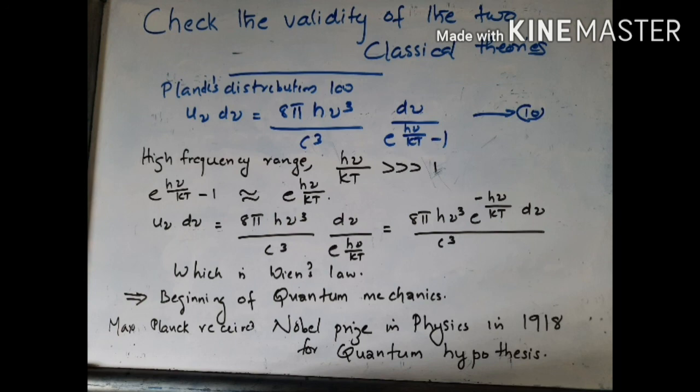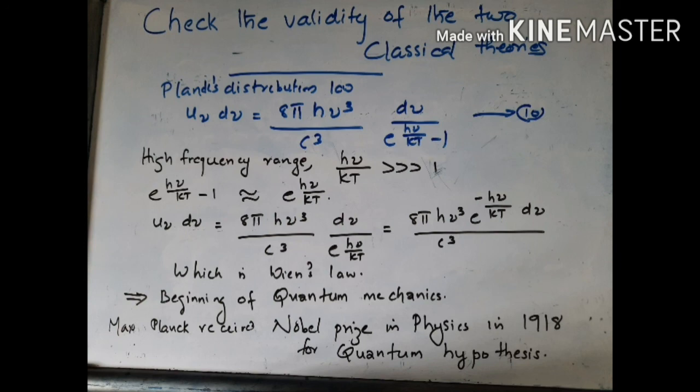This can be simplified as 8 pi h nu cubed e raised to minus h nu by kT d nu by c cubed, which is known as Wien's law.